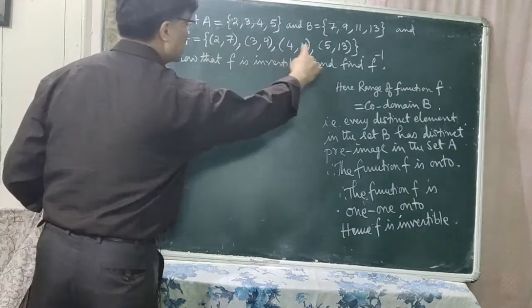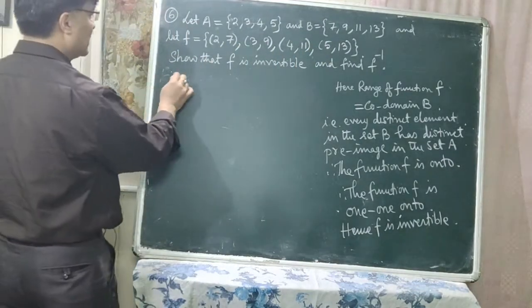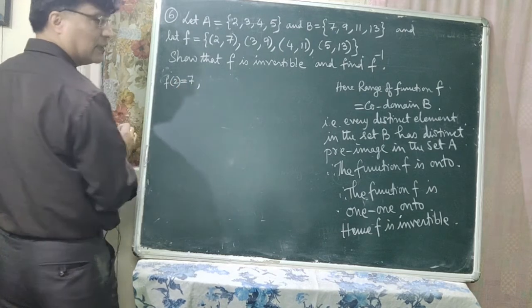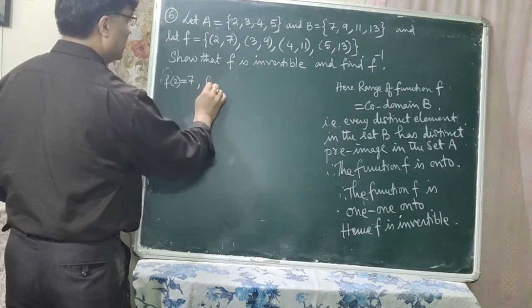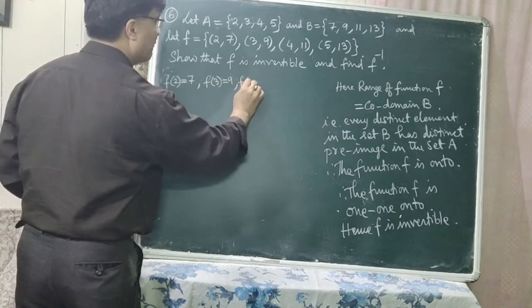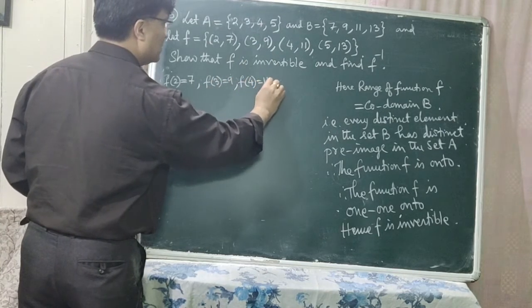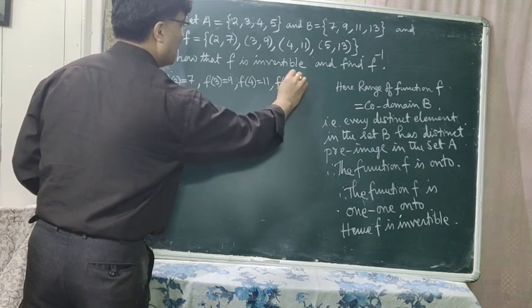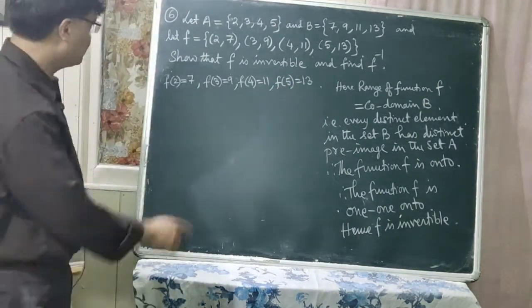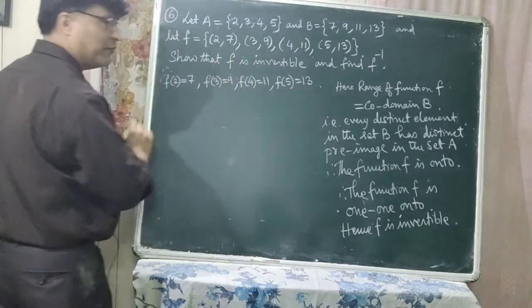Okay, so now from this given function, we can write down that f of 2 is equal to 7, right? f of 3 is equal to 9. Next, f of 4 is equal to 11. And f of 5 is equal to what? It is 13. Is that clear? Now we have to find out f inverse.